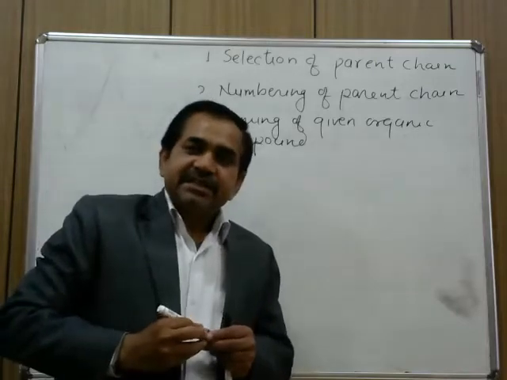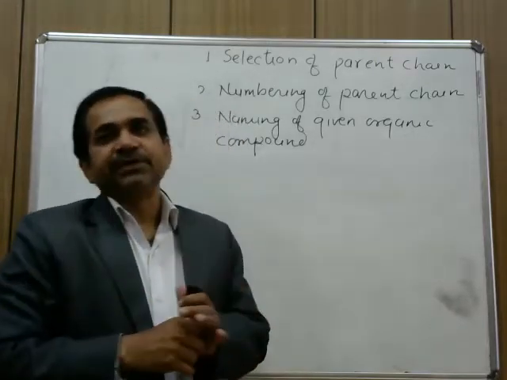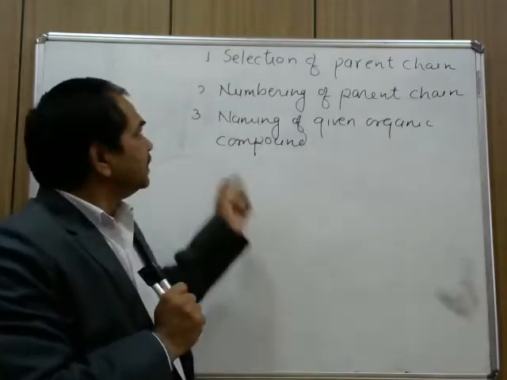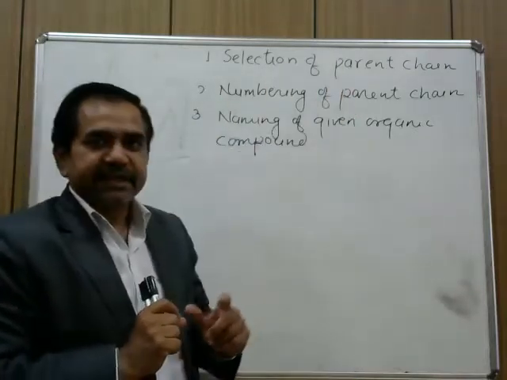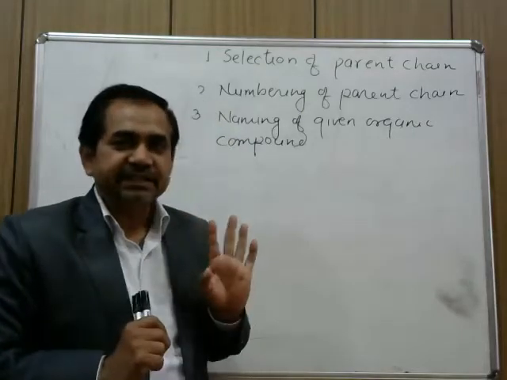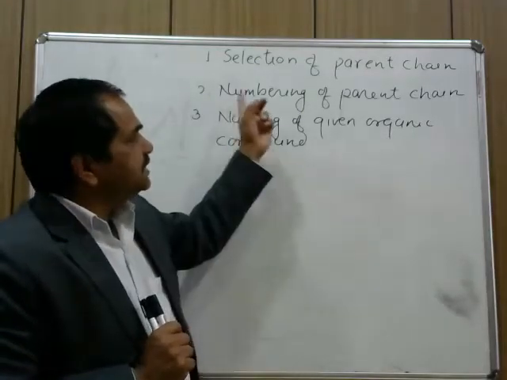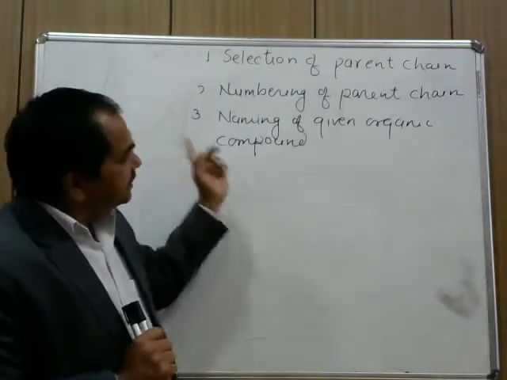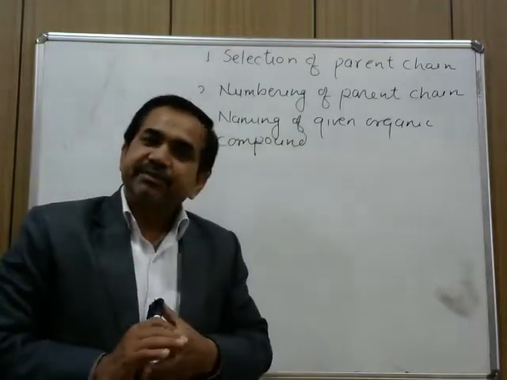So these are the three steps that should be followed for the naming of any organic compound. First step is the selection of parent chain. Second step is the numbering of parent chain. Third step is the naming of given organic compound.